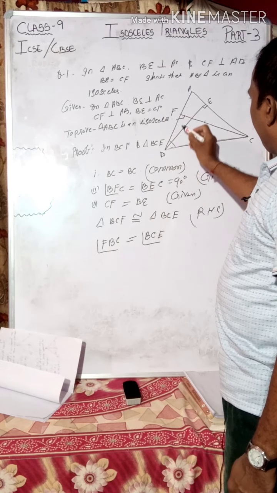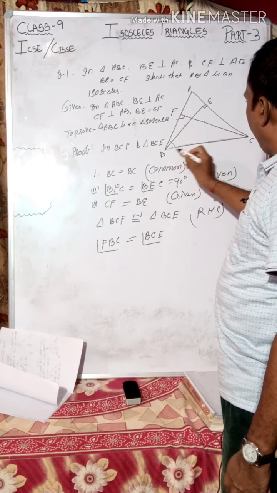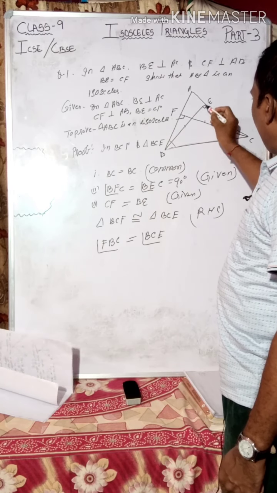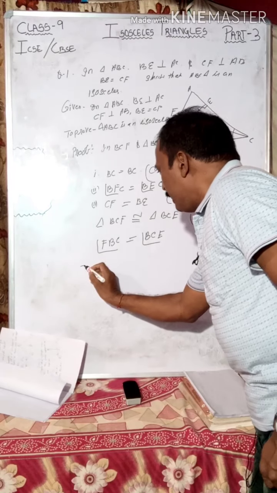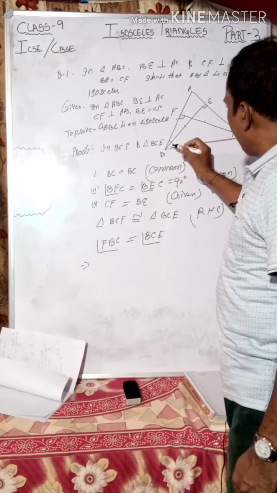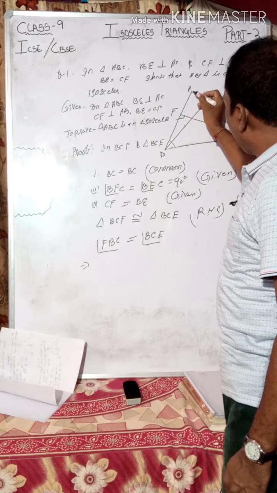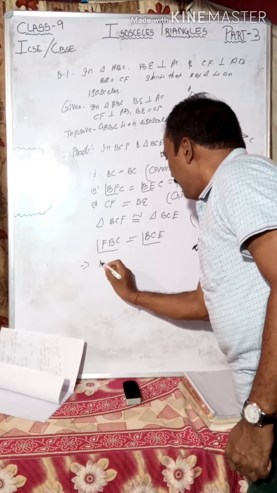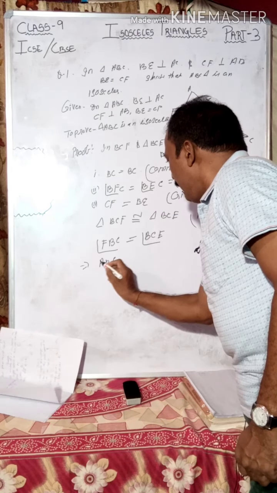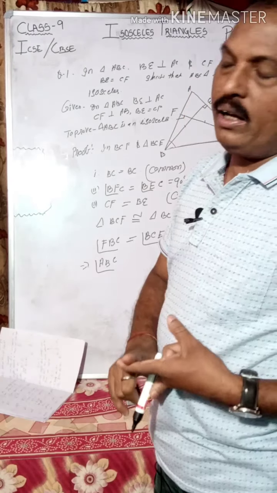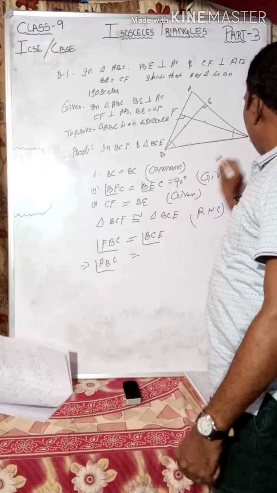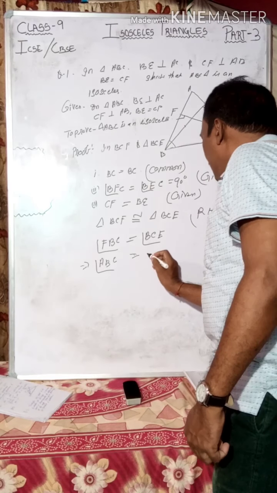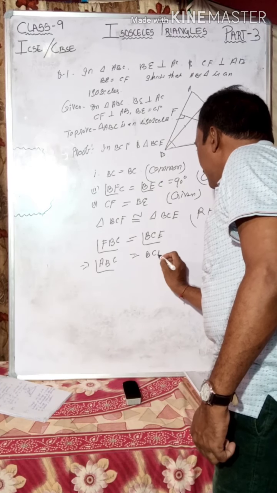Instead of angle FBC, we can write ABC, since ABC and FBC are the same angle. That is equal to angle BCE, or angle BCA.